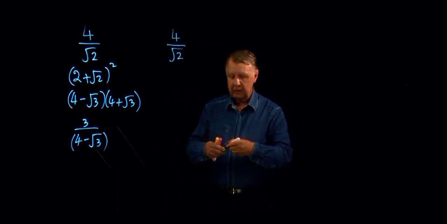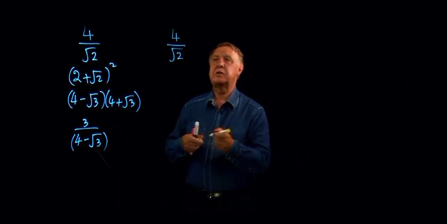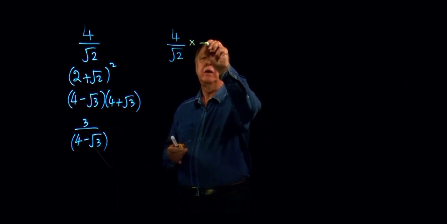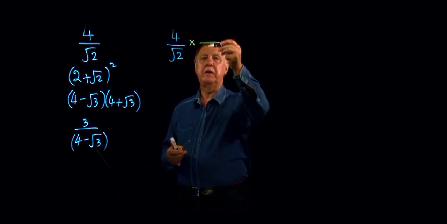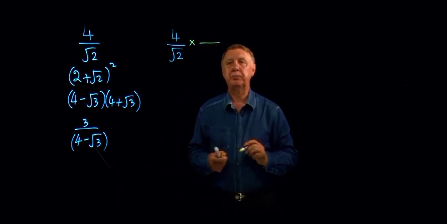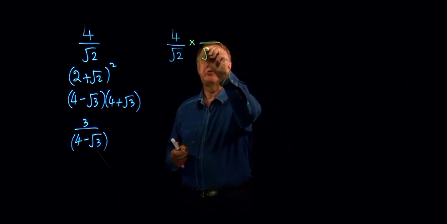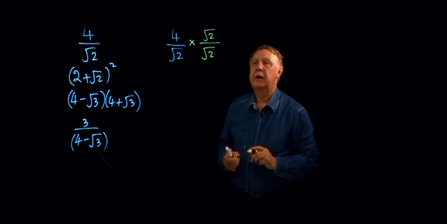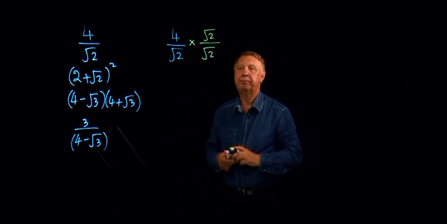So we'll take the fraction, which is what it is, and remind ourselves that I can always alter a fraction without its value changing by multiplying by another fraction where the top and bottom lines are equal. And I'm going to choose those lines, top and bottom, as the square root of 2.